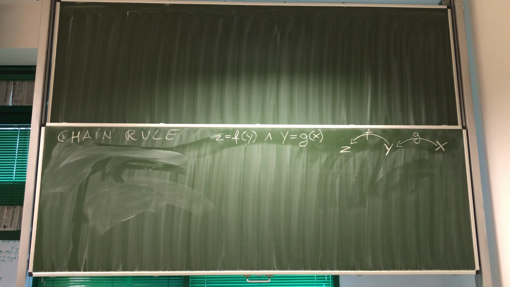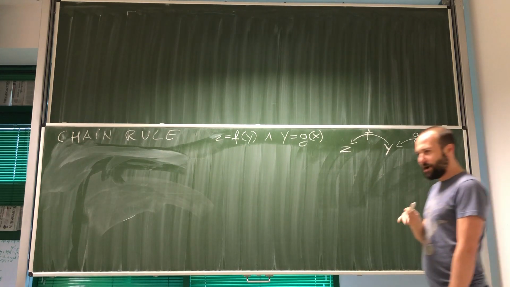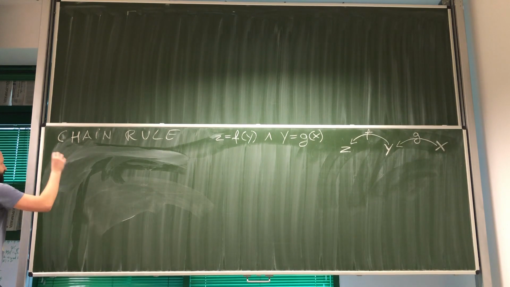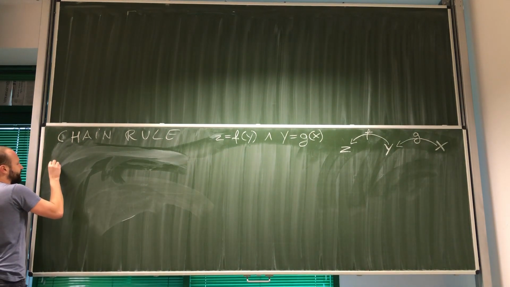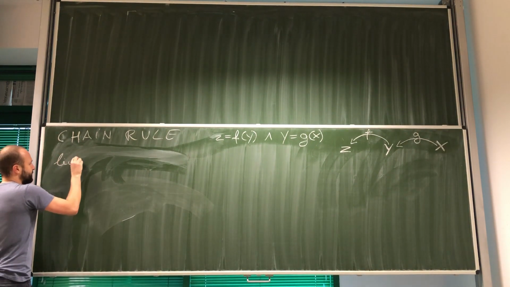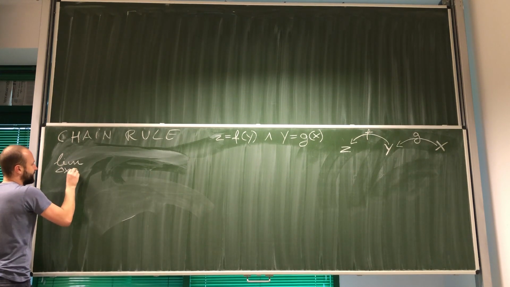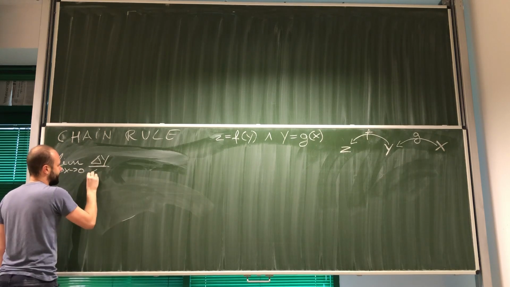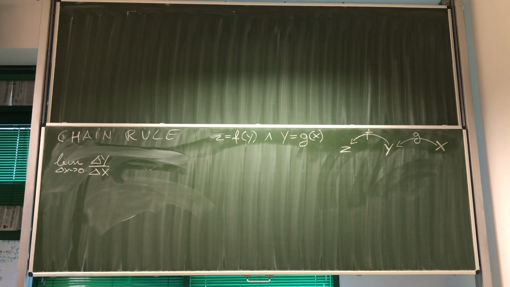Now, how do we do it? Okay, let's remind ourselves again the definition of derivative. Look, we get that derivative by definition is the limit with delta x approaching 0 of the difference quotient delta y over delta x. And look, we said that when x is changing by this extremely small amount, we call it a differential.